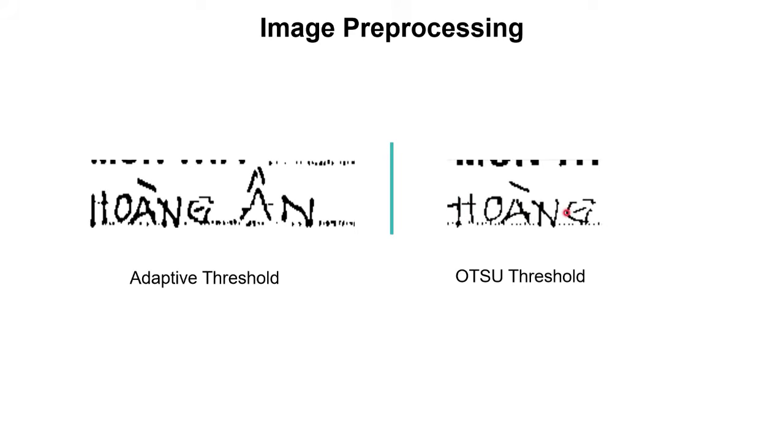But that is also good in this project because the image after extraction is really tiny compared to the original image. So non-uniform lighting is not really a problem in this case. So I use Otsu threshold for this project.